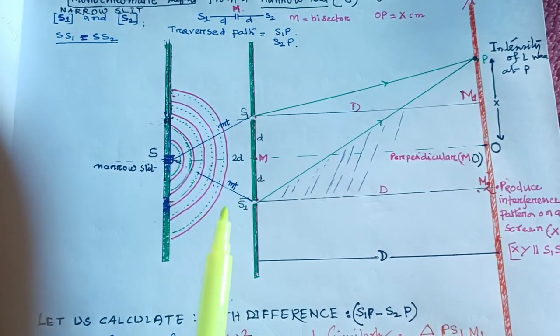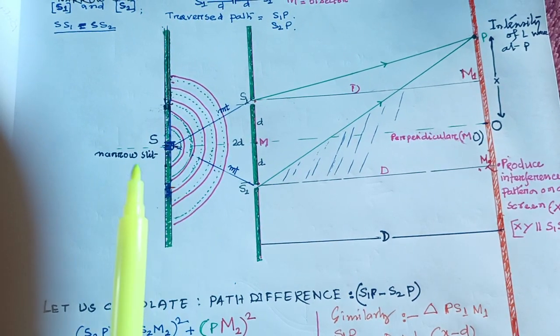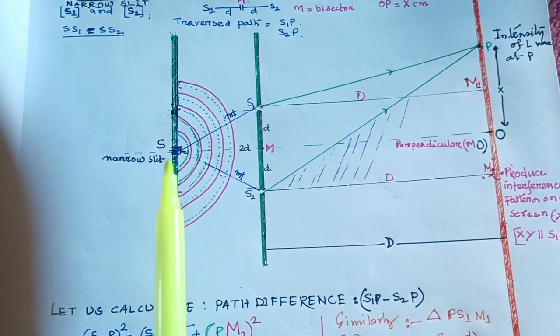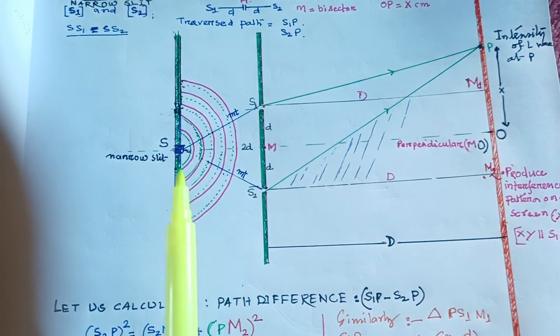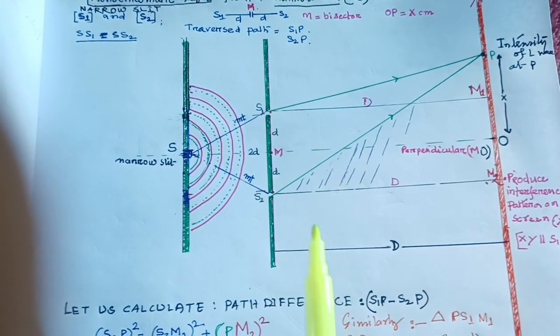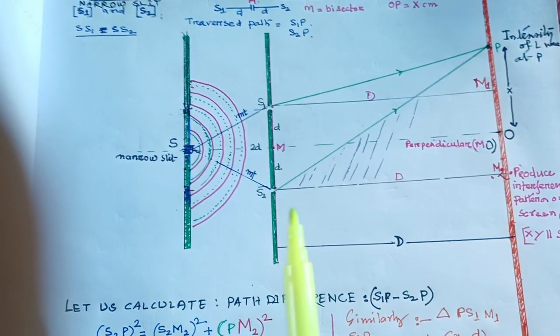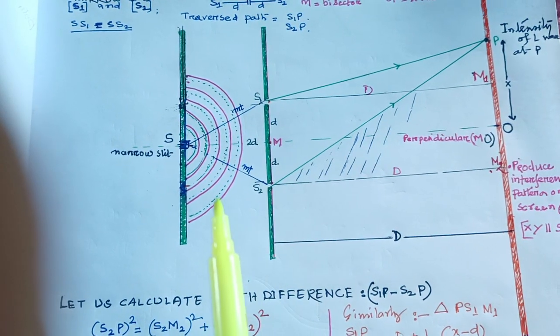in the original experiment of Thomas Young, he used two pinholes, one with the equal distance between two parallel slits.